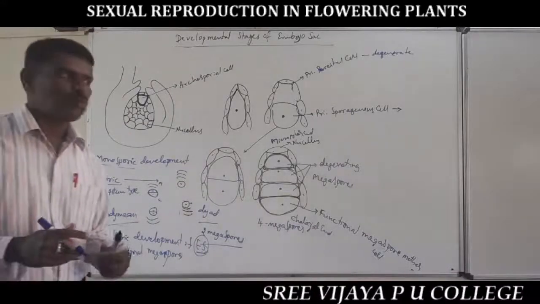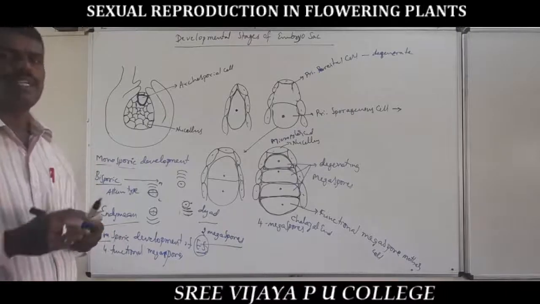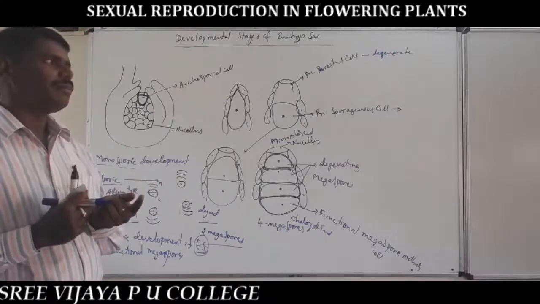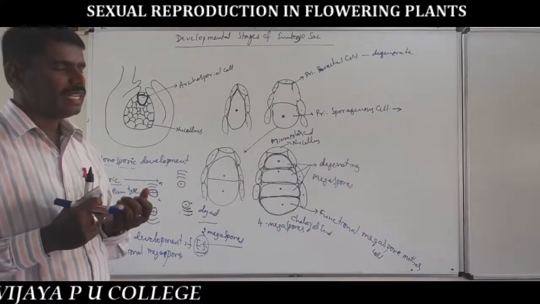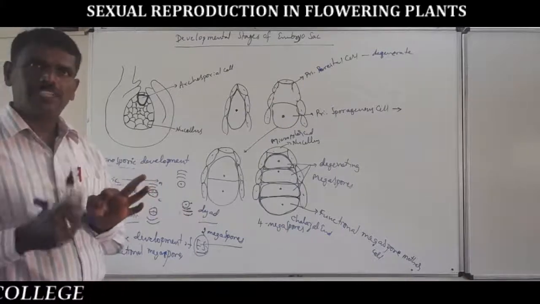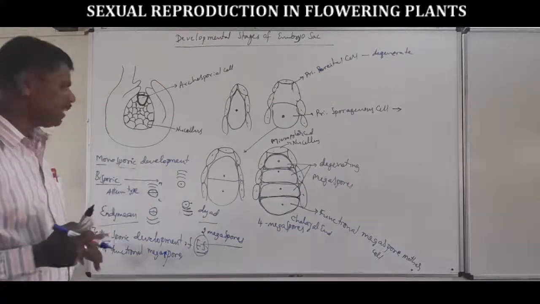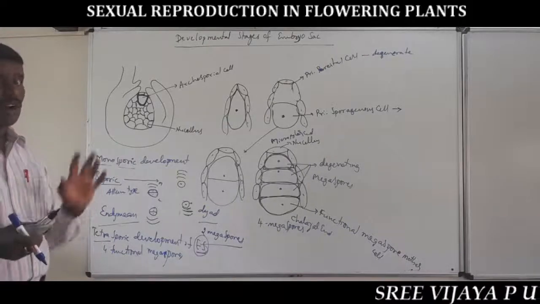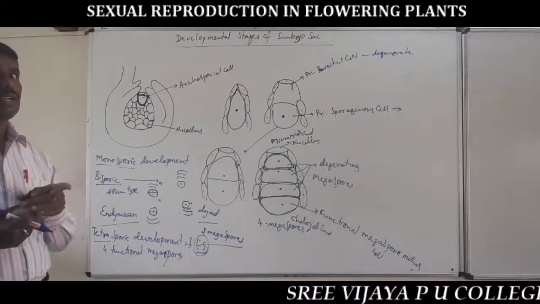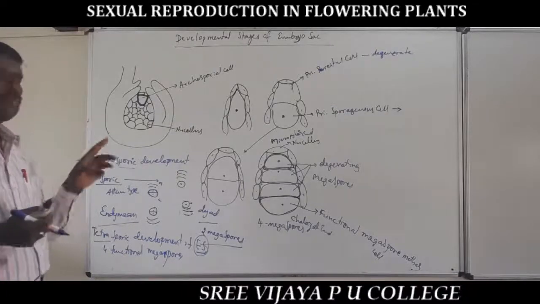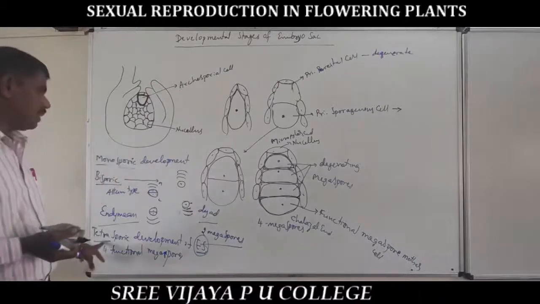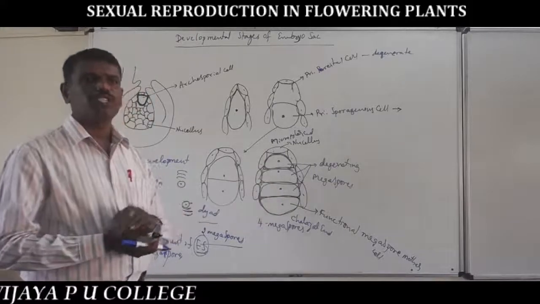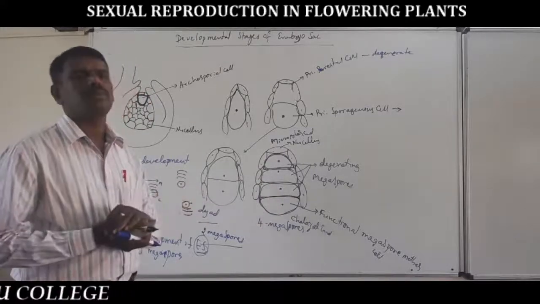In tetrasporic development, there are different types: Odoxa type, Pinia type, Plumbago type, Peperomia type, Drusa type, Fritillaria type, Plumbagella type. So there are a number of types. Here also all 4 spores are present, but the number of cells in the embryo sac is more in tetrasporic development, because all these 4 megaspores are divided a number of times.